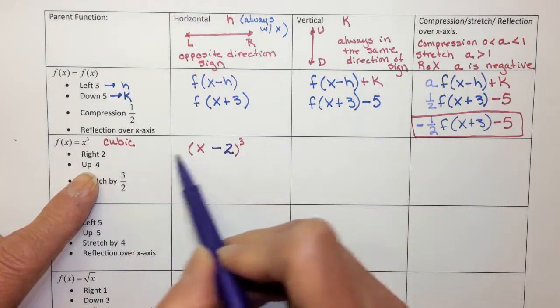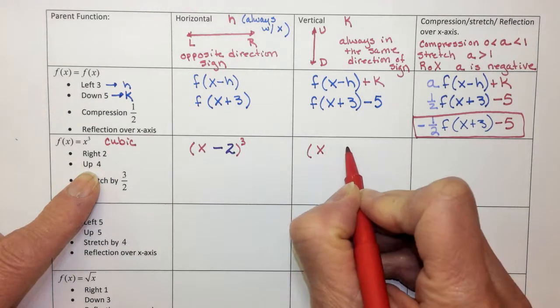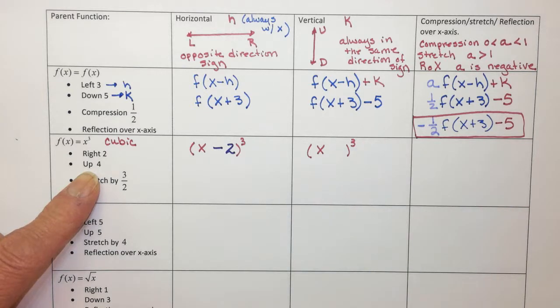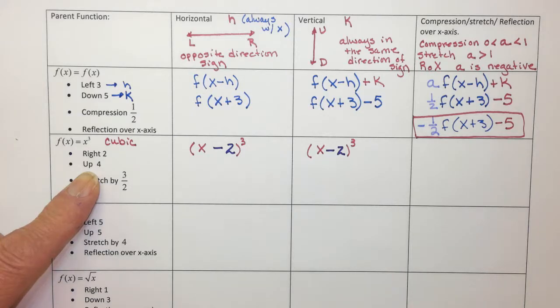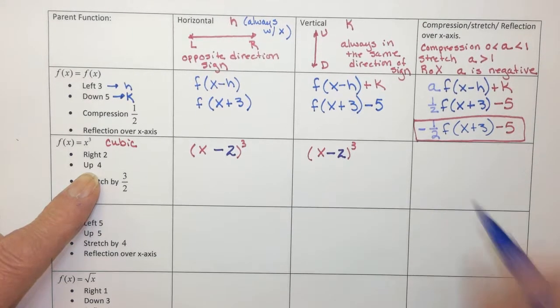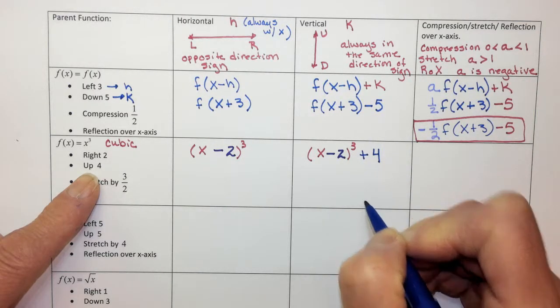Then if I want to move it up 4, I'm going to take this function that I had, and I'm going to move it up 4, which means I'm going to go in the same direction. So this is going to be a +4.